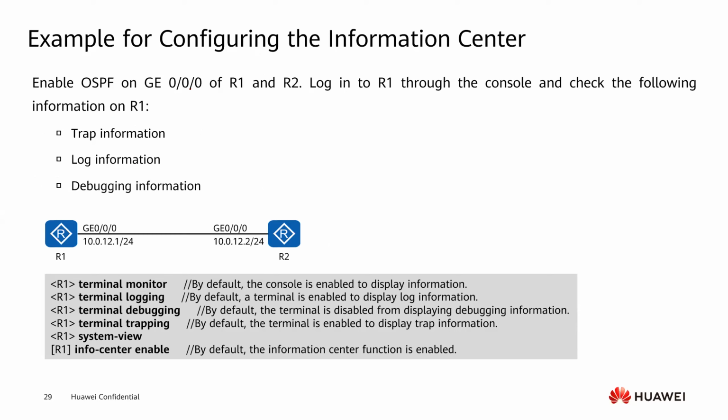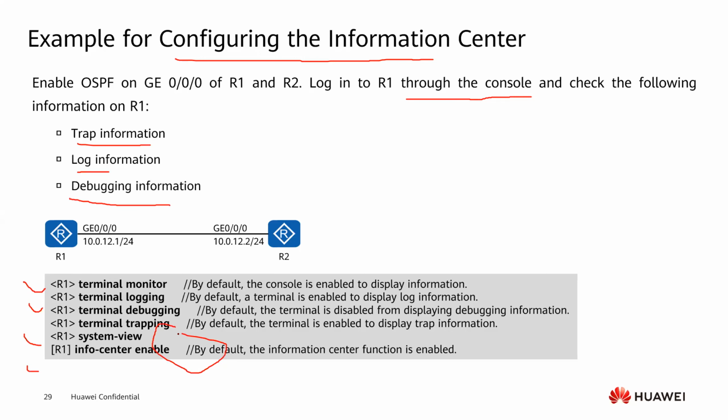Okay, this is an example of configuring the information center. Here we use the console and check the following information: trap information, log information, and debugging information. We can also see all these commands are enabled on the device.